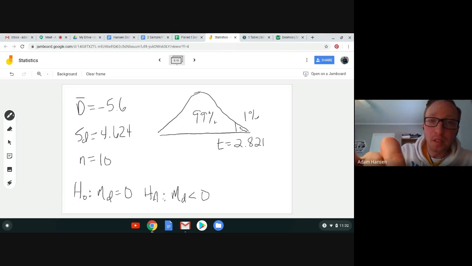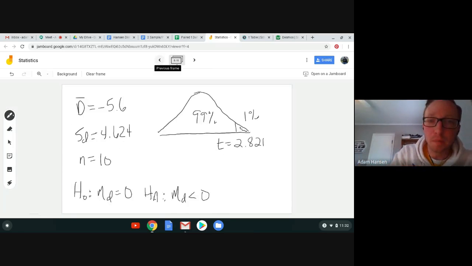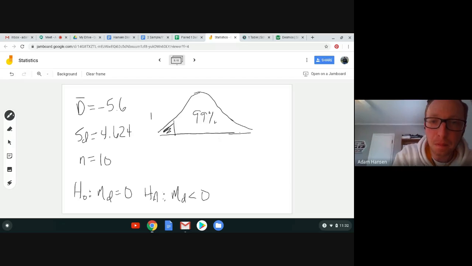All right, so our test statistic. Ooh, I'm sorry, I put this in the wrong place. We have a lower tailed test, so we're using the right tail. Negative 2.821.